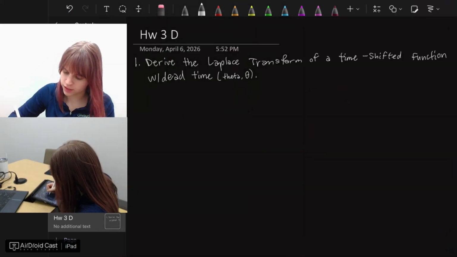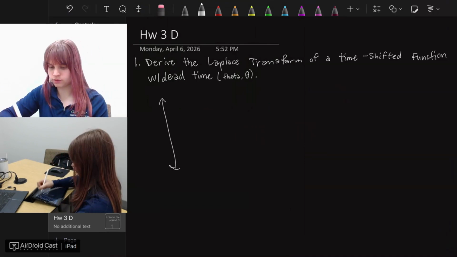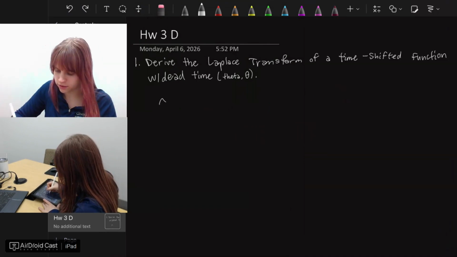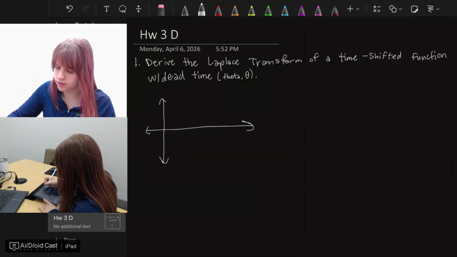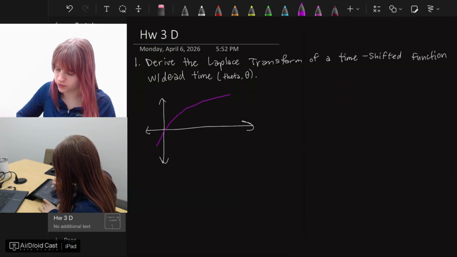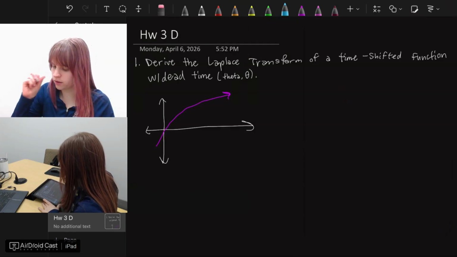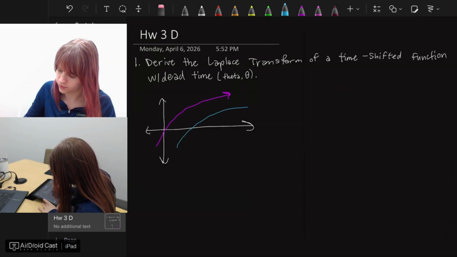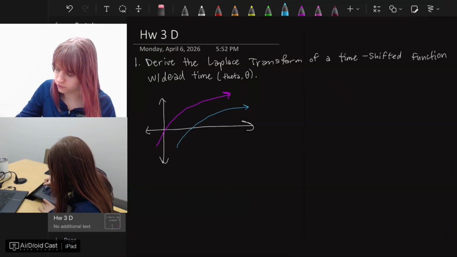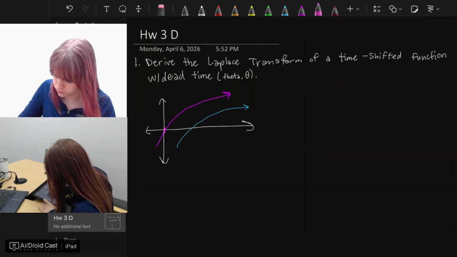A way to visualize this dead time would be, let's say we have our original function, it behaves like this, and then after we take into account this dead time, it actually shifts over like this.